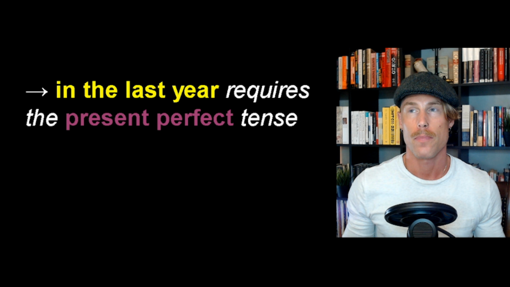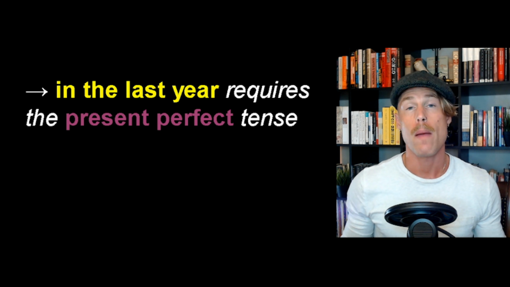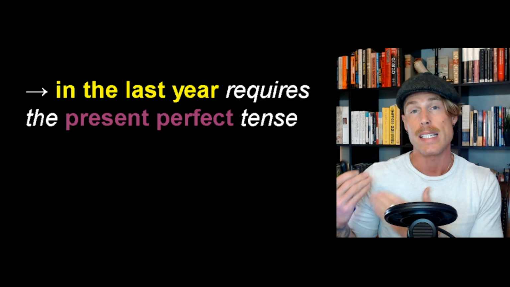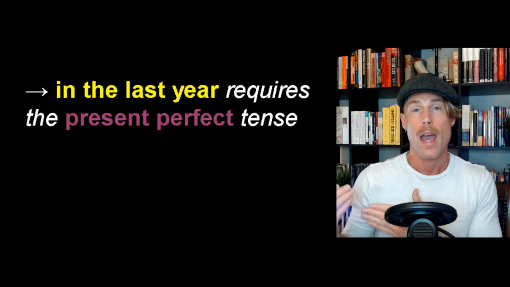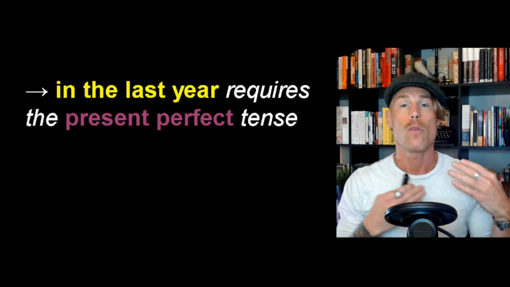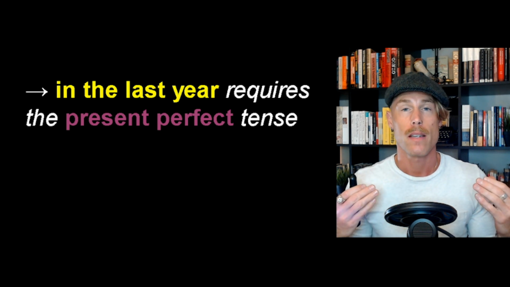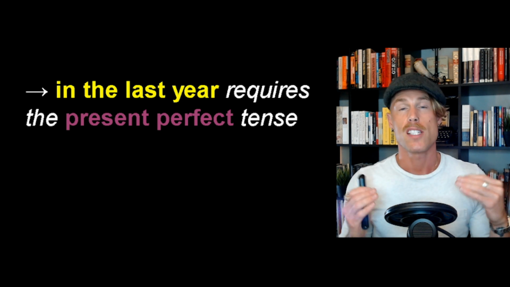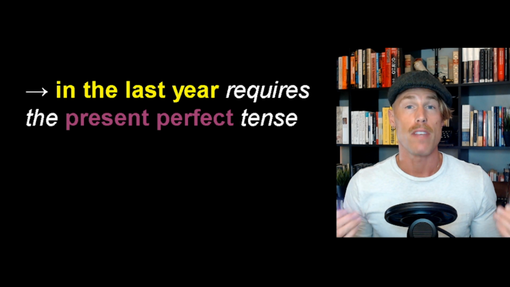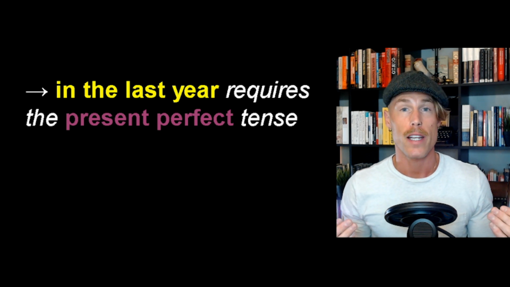Okay? Why? Well, remember, the simple past we use to talk about a specific point in time, and the present perfect tense we use to talk about the past in a non-specific point in time. Watch my video about present perfect here.